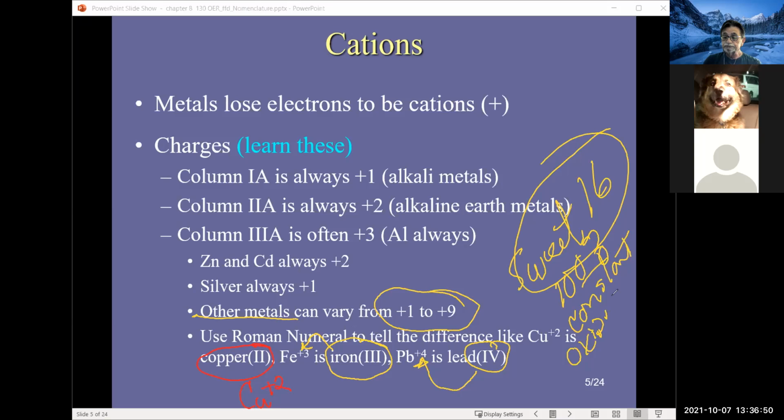Therefore, those 16 do not use Roman numerals. So, for example, if we were going to name sodium chloride, it would be incorrect to write sodium 1 chloride.